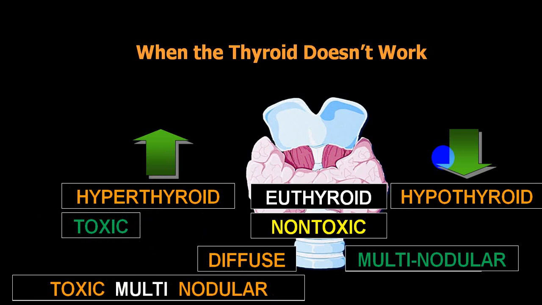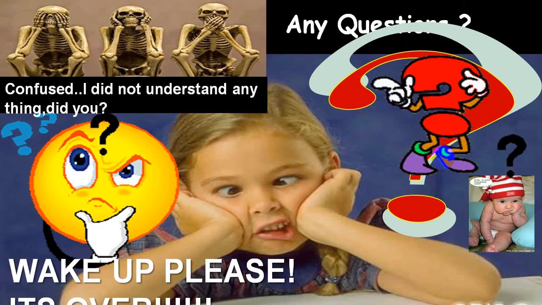If it is multinodular, we call toxic multinodular goiter. And non-toxic multinodular goiter can be also there. And non-toxic diffuse goiter can be also there. Diffuse goiter, not nodular. Ideally, we should use the word non-toxic diffuse goiter.